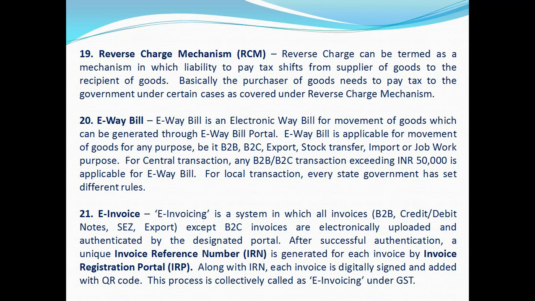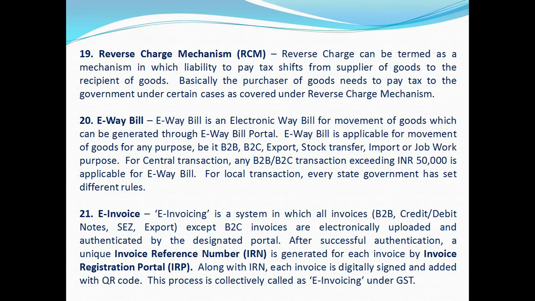Next is e-way bill. E-way bill is an electronic way bill for movement of goods which can be generated through the e-way bill portal. E-way bill is applicable for movement of goods for any purpose, be it B2B, B2C, export, stock transfer, import or job work. Basically, for central transactions, any B2B, B2C transaction exceeding INR 50,000 is applicable for e-way bill.